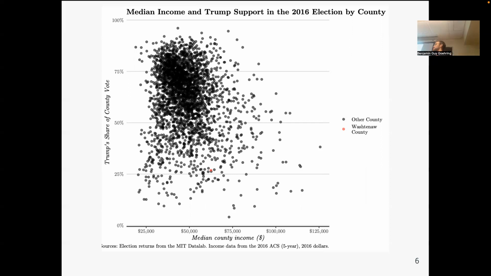What should we expect to be the change in that county's support for Donald Trump? Does that make sense? So we're interested in both this conditional average as well as how that value is going to change over different levels of income.